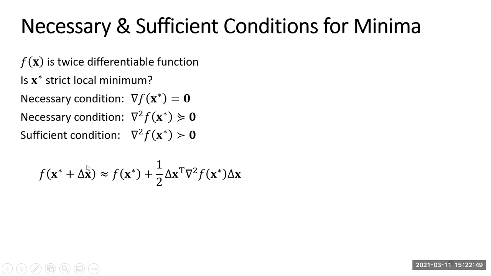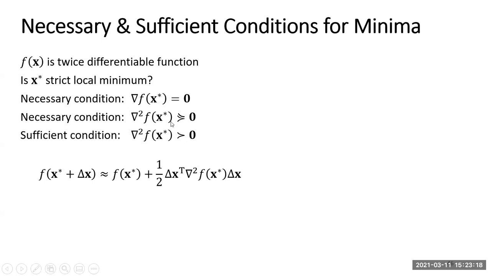In other words, this is necessarily more than this. F of x star plus delta x is greater than f of x star. That's why this is a sufficient condition. This second term, the quadratic term, is strictly greater than 0 because this is positive definite.